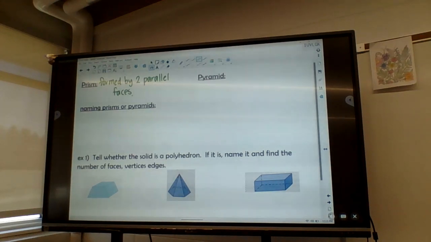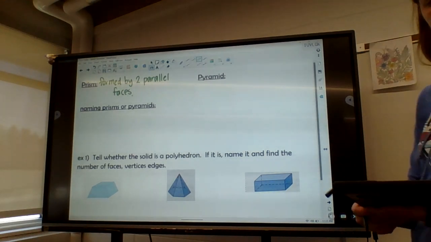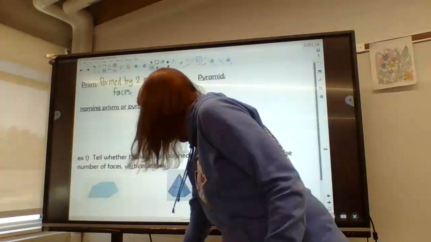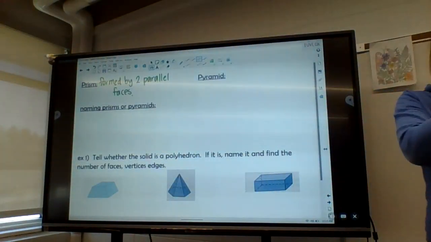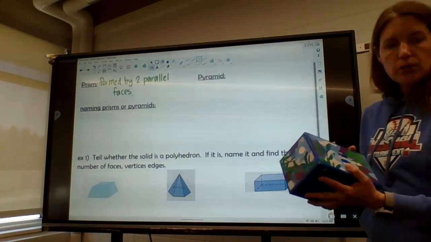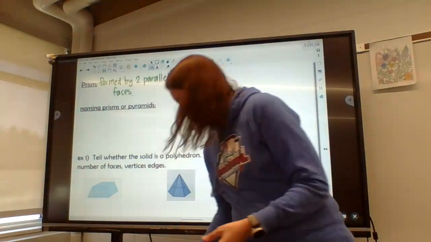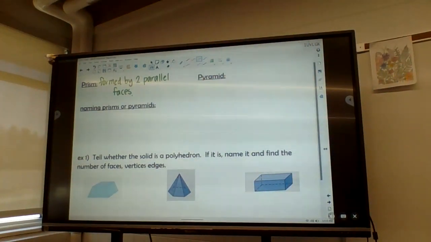So like, for instance, our Kleenex box would be a prism because the top and bottom would be parallel sides to it, so that'd be a prism. Oh, and sorry, two parallel should be congruent faces.